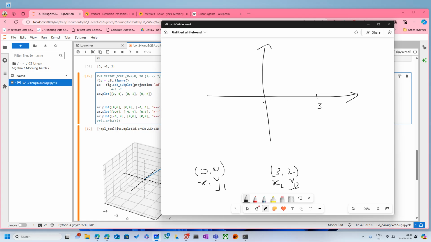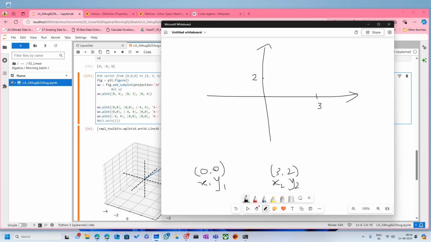The way the graphing library works is it first tries to understand these points. It comes here, 0 comma 3, and then y1 comma y2. So y1 is again 0, and 2 is somewhere here.